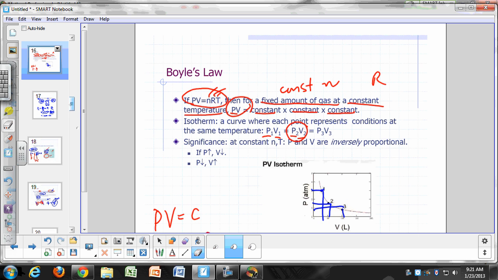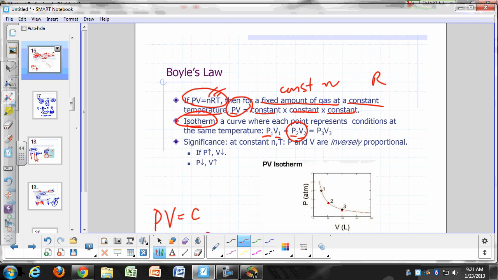This one. Every point on this curve corresponds to a point at the same temperature, so this is called an isotherm. So the word isotherm refers to all points on a curve that represent data at constant temperature. And isochore means same volume.